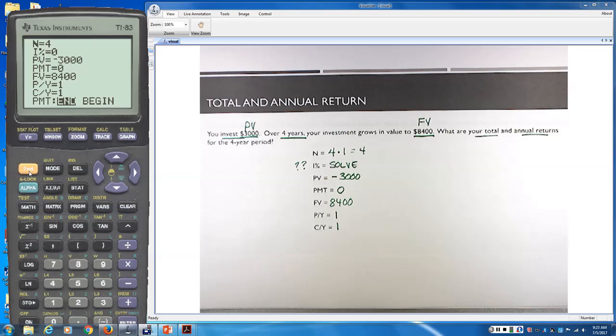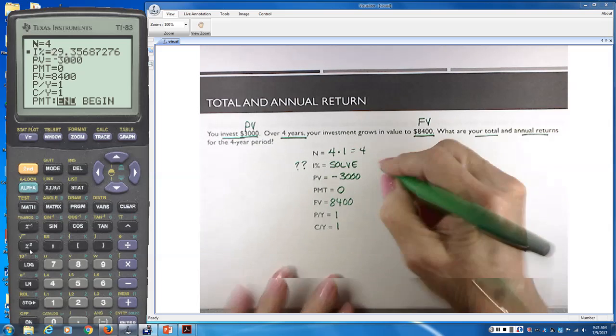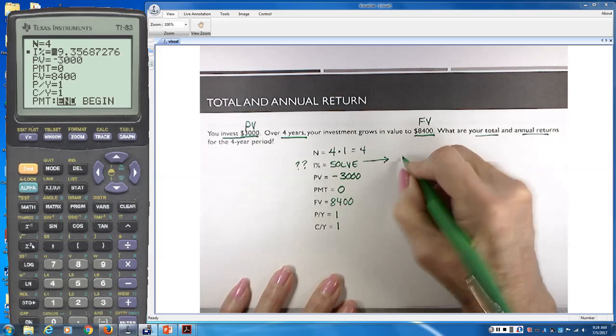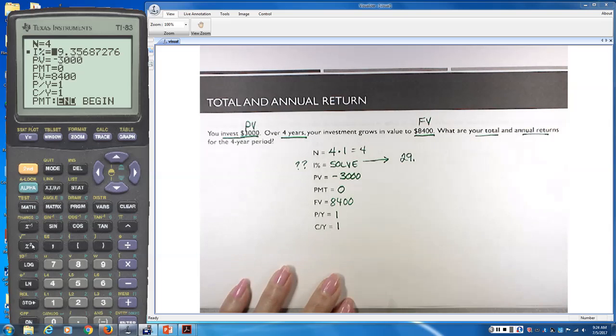So let's try that again. And it says the interest rate's 29.356.